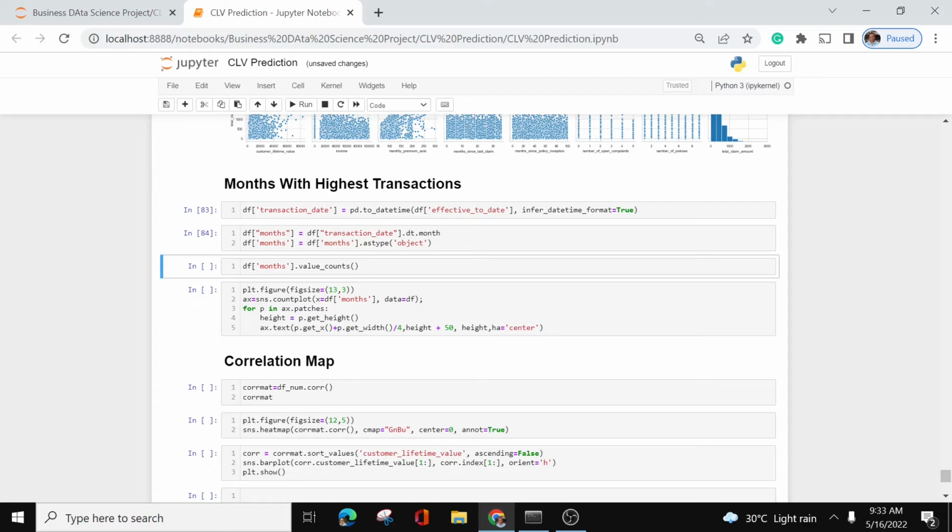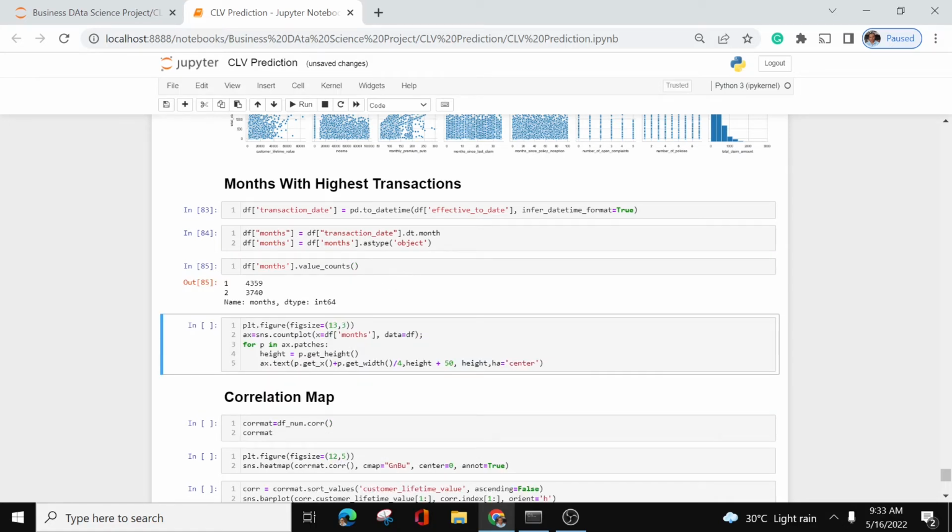Let's execute this and see our new data set, which has two additional features. For the feature months, one represents January and two represents February, which means we have higher transactions in January in comparison to February.